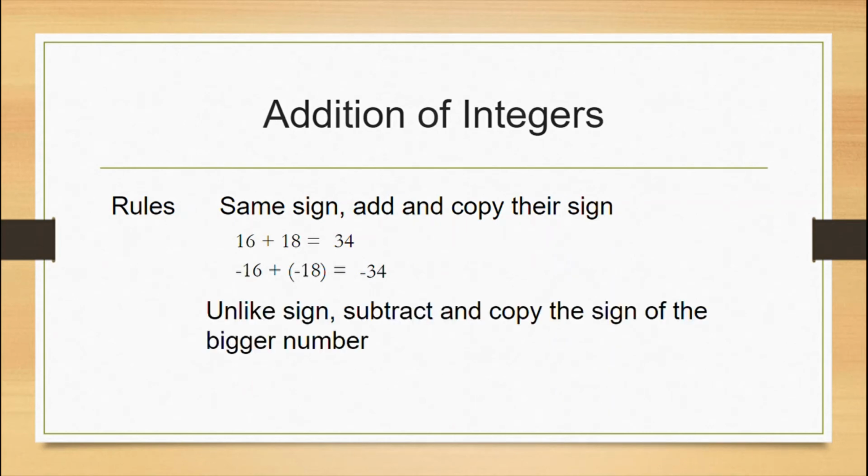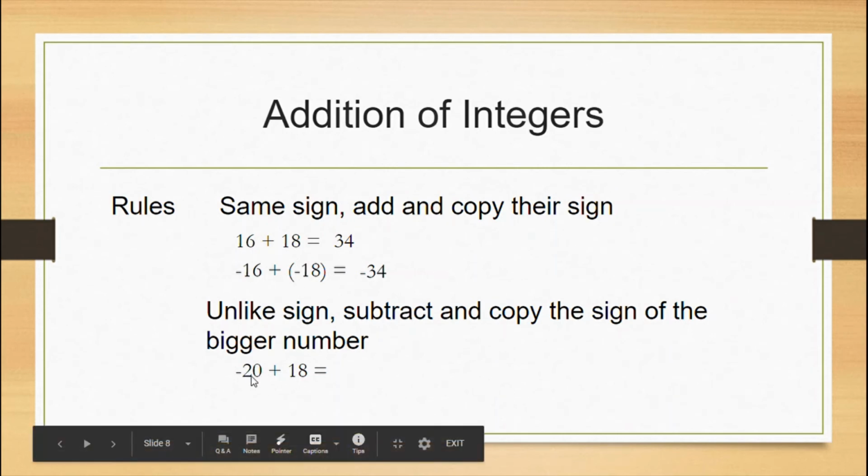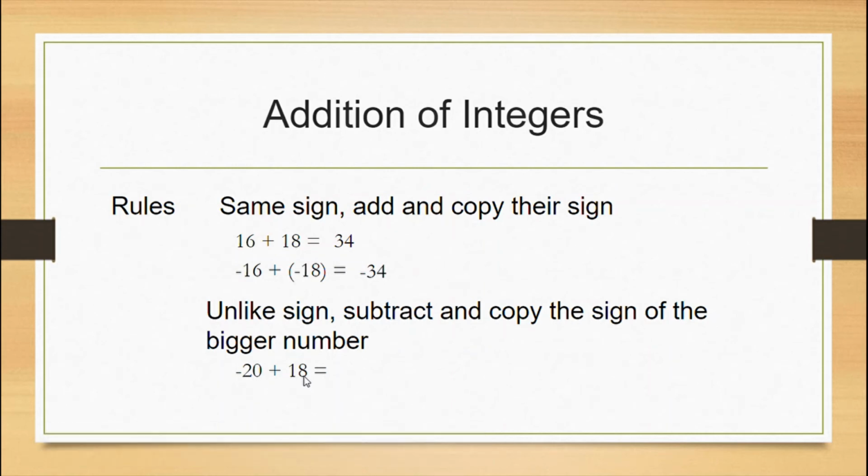Next, let's deal with unlike sign. How about if you're dealing with unlike sign? So if we have unlike sign, then we're going to subtract and copy the sign of the bigger number. Example, negative 20 plus positive 18. What we can see, this one is negative and this one is positive.